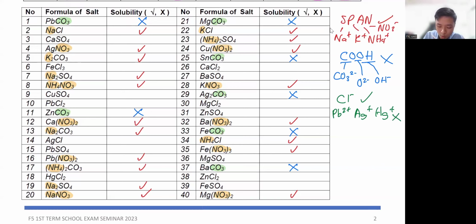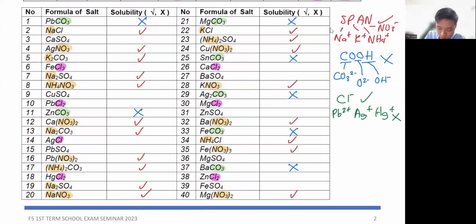So I'm going to find out the Cl first. Which one has Cl? Wait a minute. So this one is Cl, Cl, Cl, Cl, Cl, Cl, Cl. So I'm going to put tick except Pb, Ag, Hg.